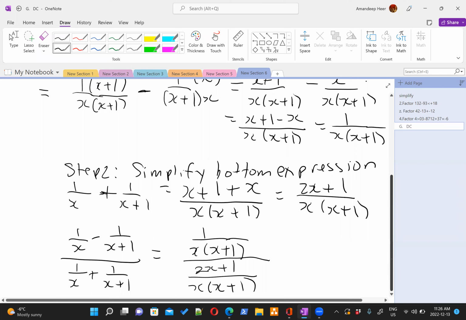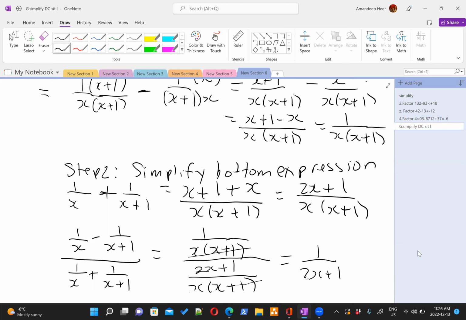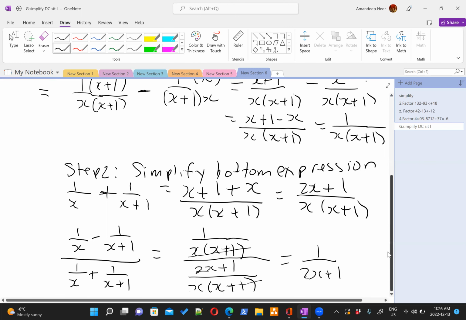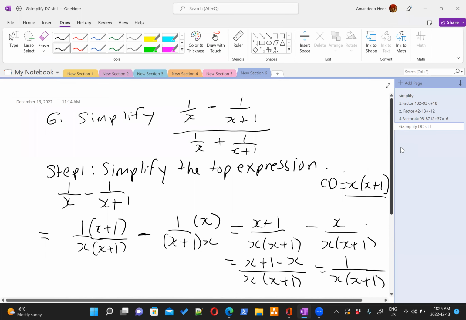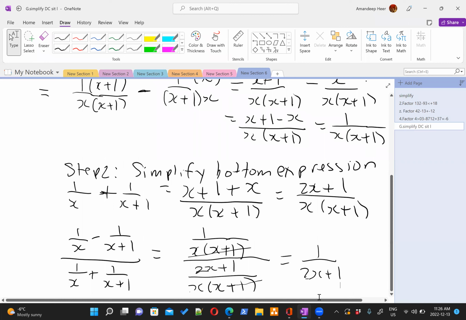This cancels with this, so what we get is 1 over 2x plus 1. Ta-da! So when dealing with these complicated rational expressions, simplify the top, simplify the bottom, replace the top and bottom by the simplified versions, and then do some further simplification like what we did before.